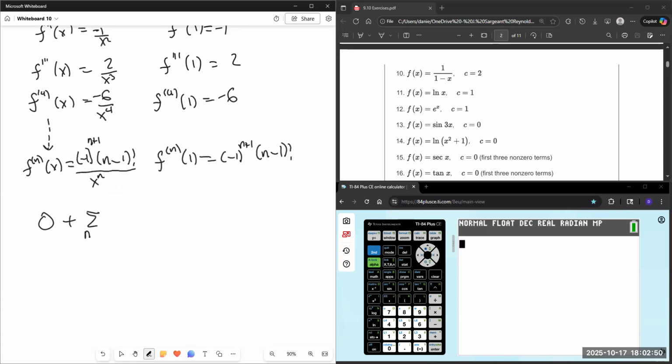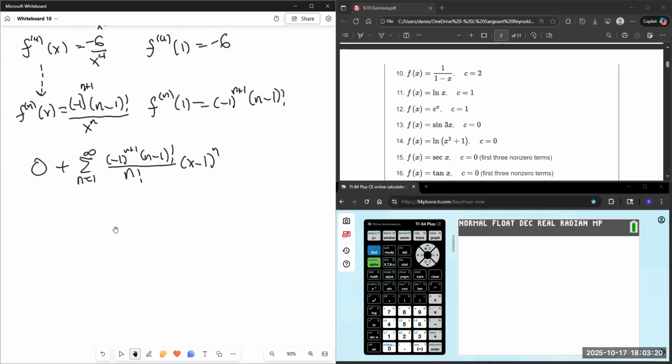So it would be the sum from n equals 1 to infinity of -1 to the n plus 1, over n minus 1 factorial. Don't forget your multiplier of x minus 1 to the n out here over n factorial. This is centered at c equals 1, so that's why it's x minus 1 to the n.